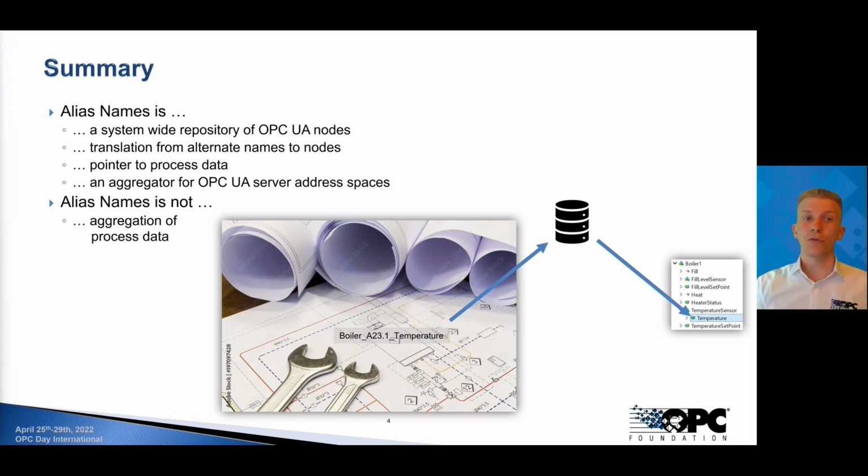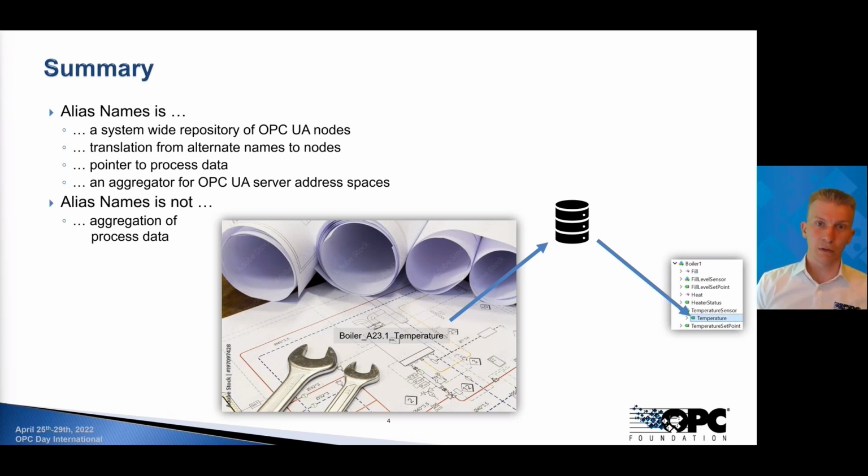It is a translation from alternate names to certain OPC UA nodes, and that includes the OPC UA server that you need to connect to, as well as the exact node ID in this specific server to get the process value. And as I already pointed out, the AliasNames server is not an aggregator for process values, so it just points you to the information. It doesn't provide it directly to you.